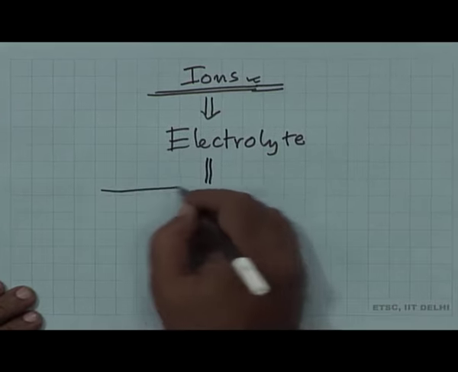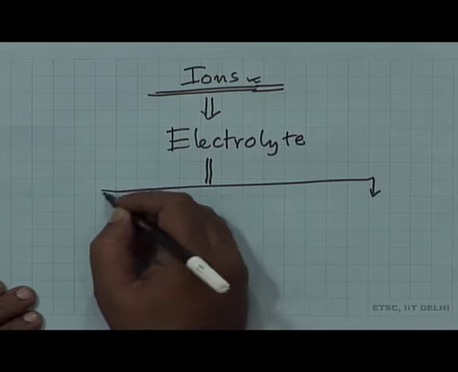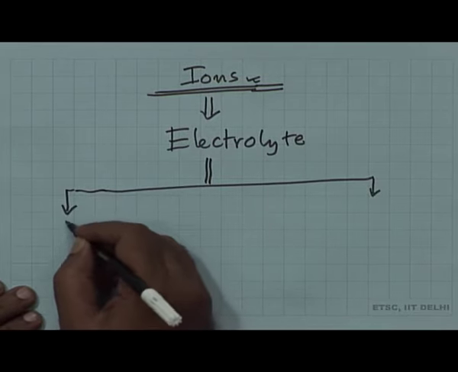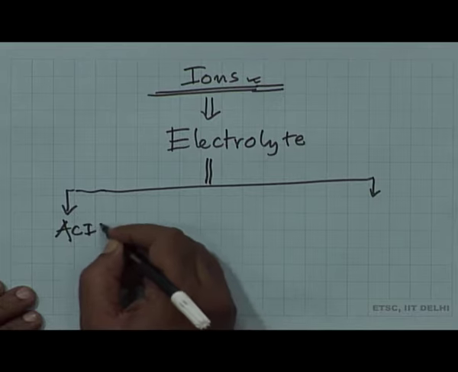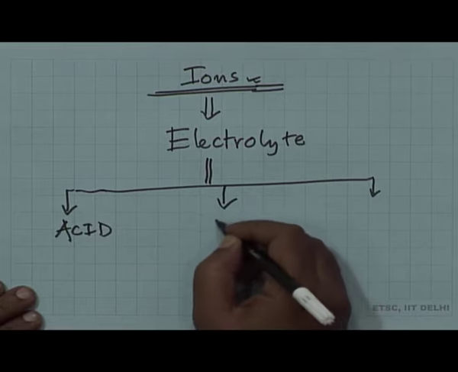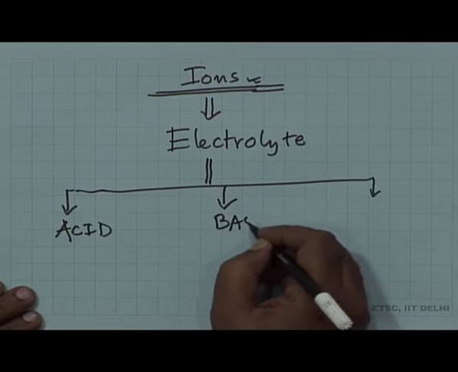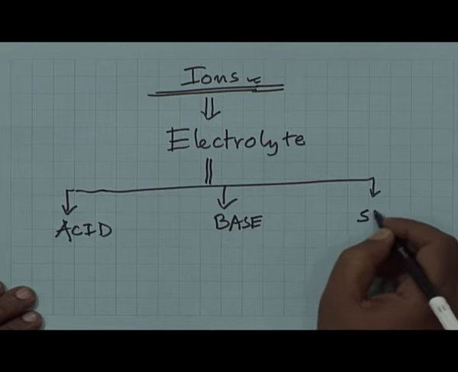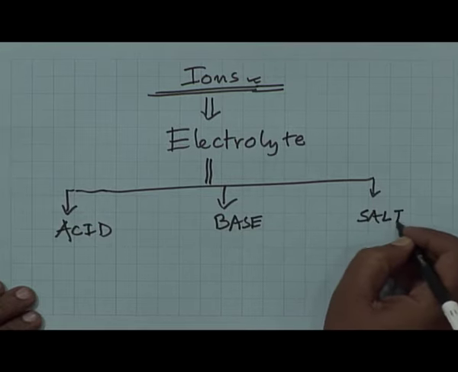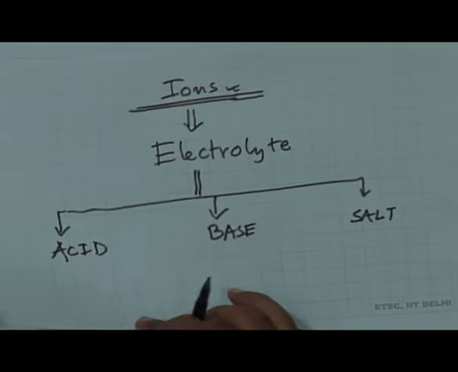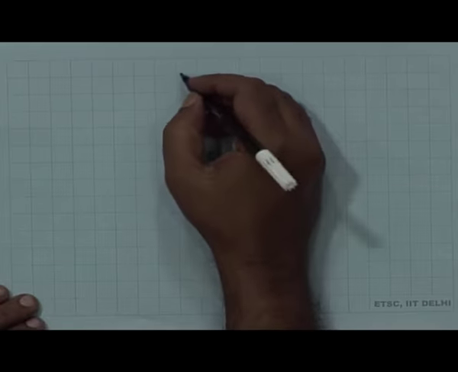Generally we discuss three different kinds of electrolytes: one is acid, another is base, and then salt. Now, the second part is reversible.